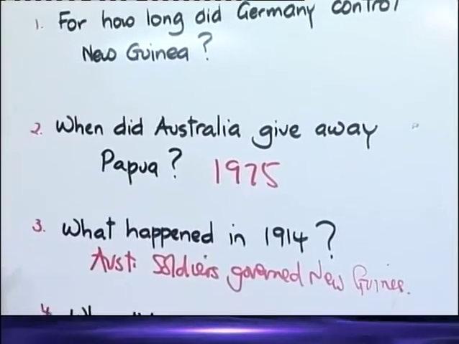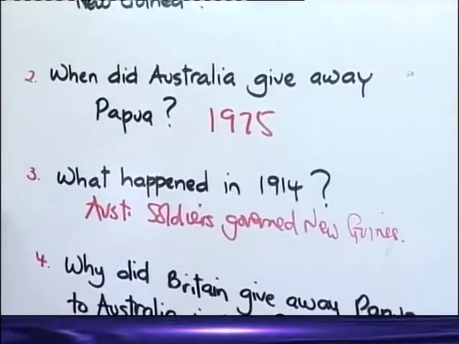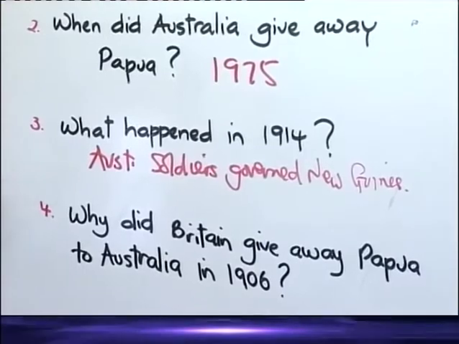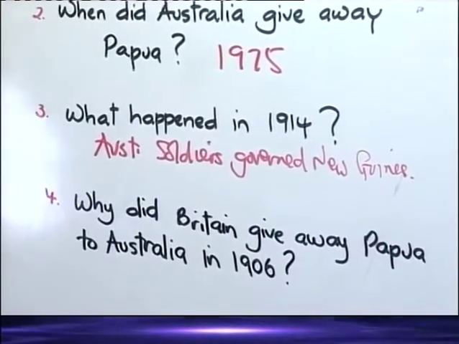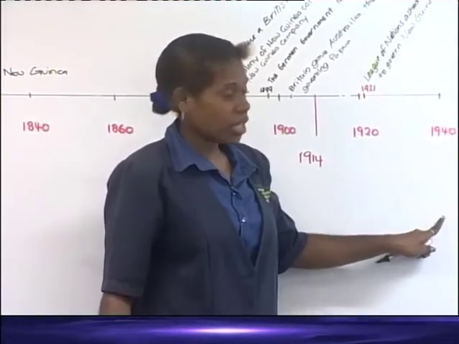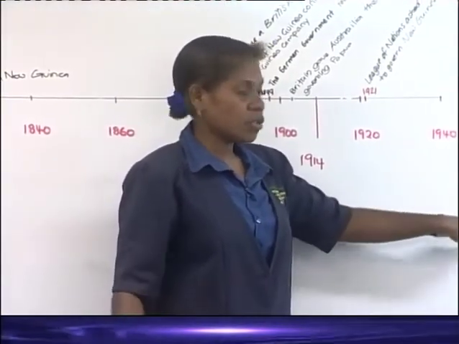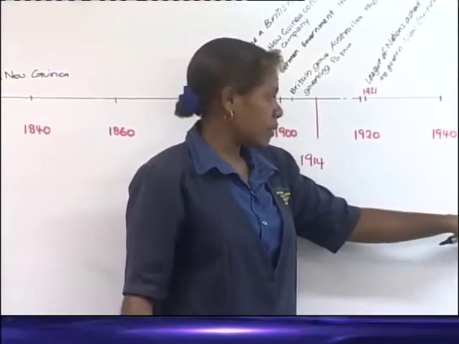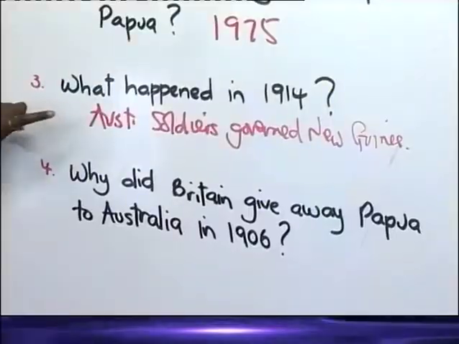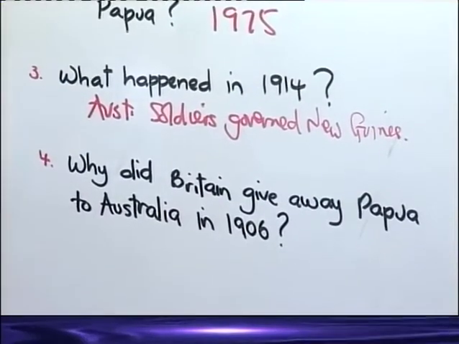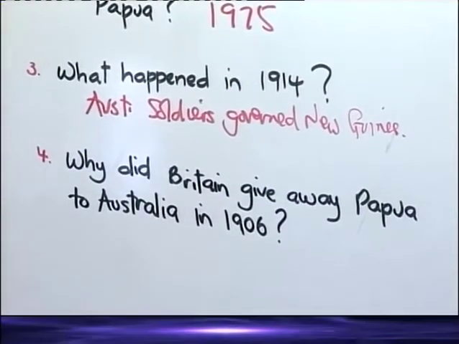And that was when the war started, World War One, and Germany lost control. The Australian troops had to come into New Guinea and remove all the Germans. So that's how that happened.